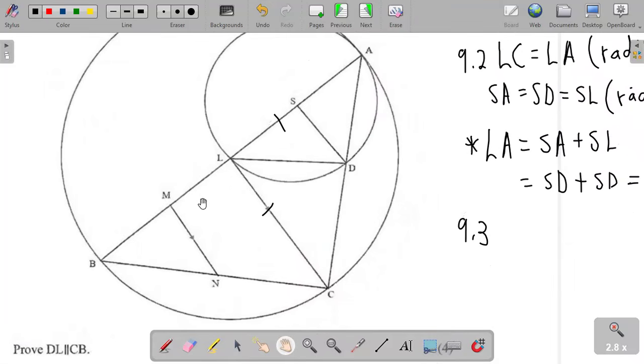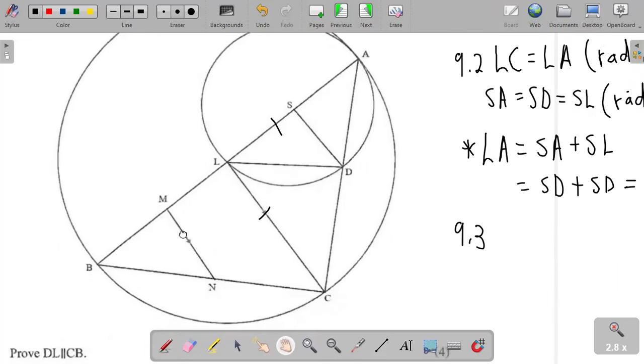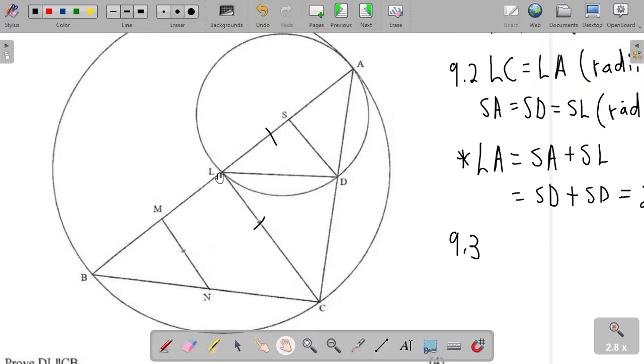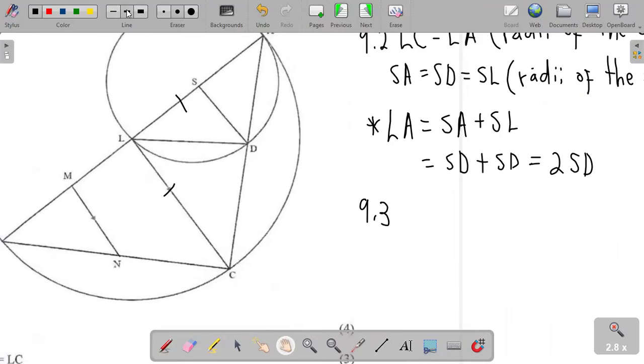So AS, here we know that. Okay, let's look at AL. So we know that AL equals LB.